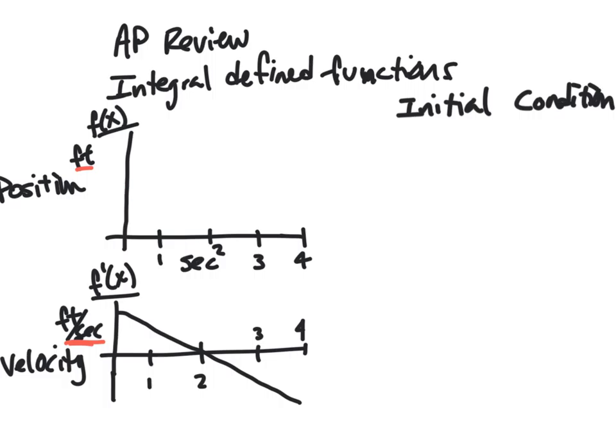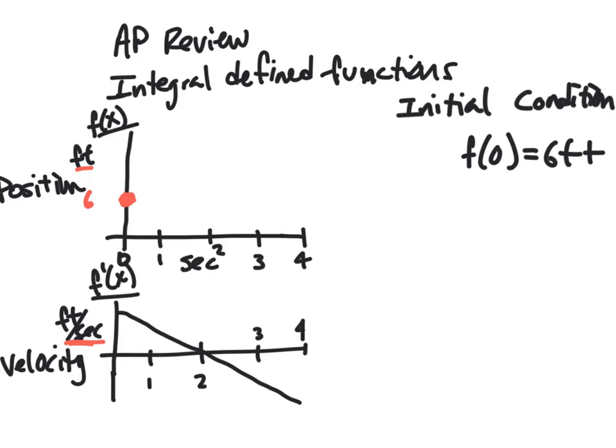At time 0, if I were to hold an object at my head, I know that I am 6 feet tall. And that's my initial condition. Instead of having the object start here at 0, I'm going to throw the object at a height of 6 feet. So at time 0, I have a height of 6 feet.